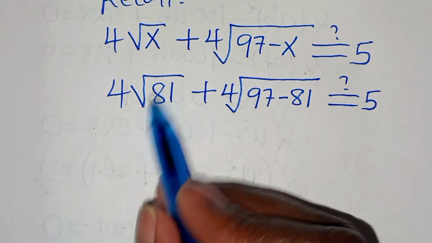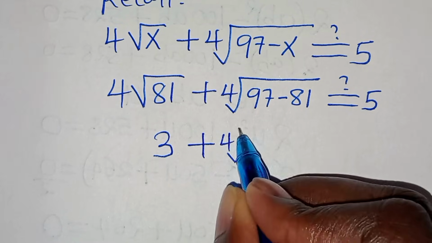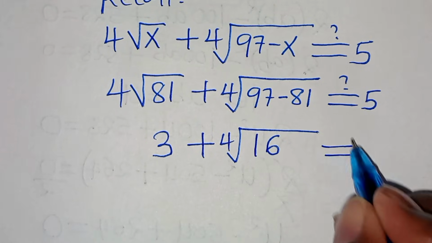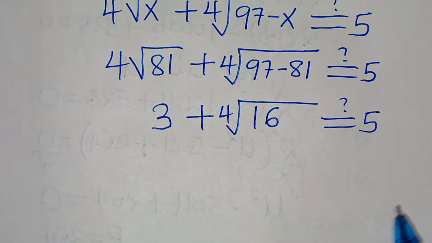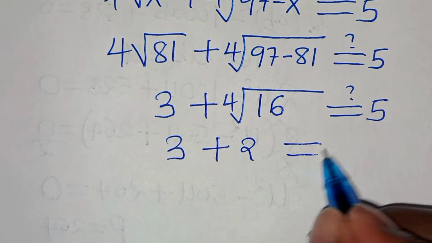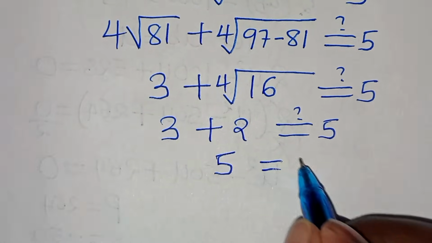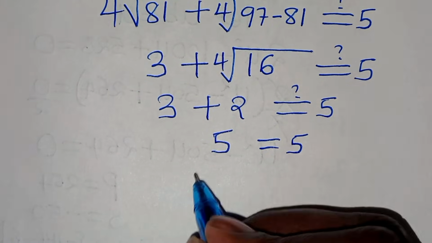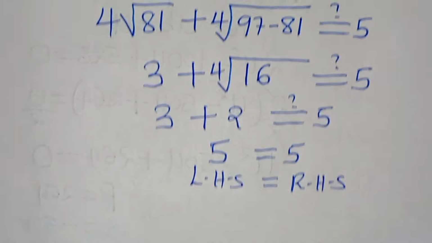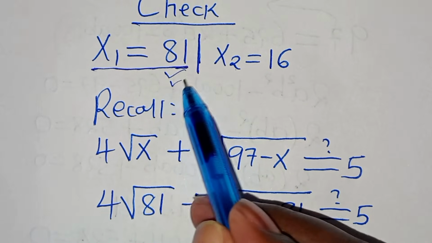The fourth root of 81 is equal to 3, then plus the fourth root of 97 minus 81, which is the fourth root of 16, which is 2. So 3 plus 2 is 5, which is equal to 5. So this implies that the left hand side is equal to the right hand side.